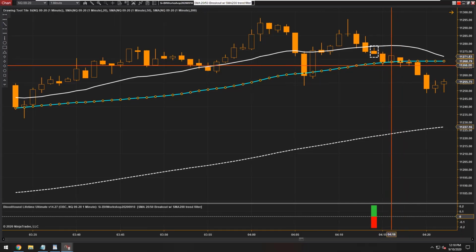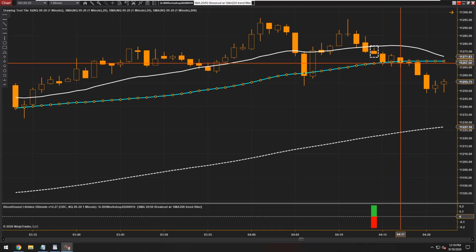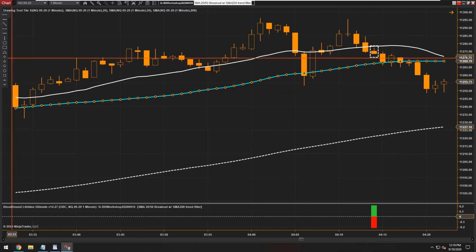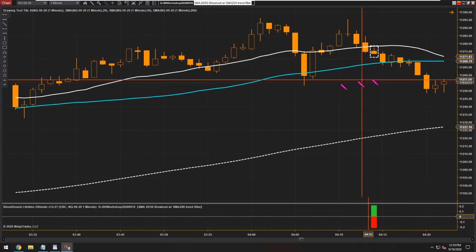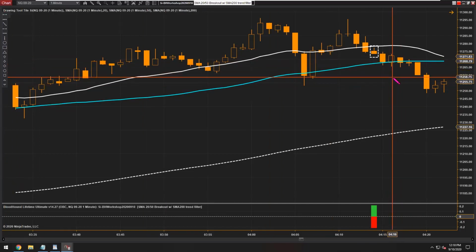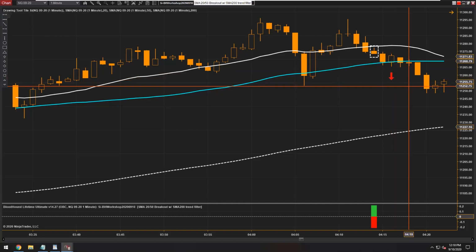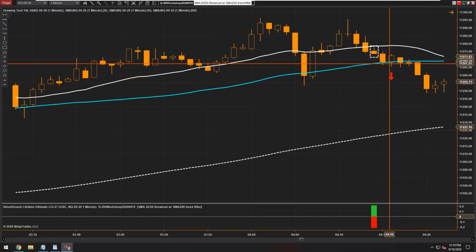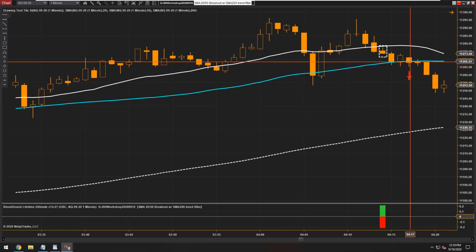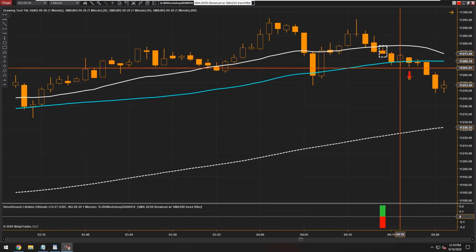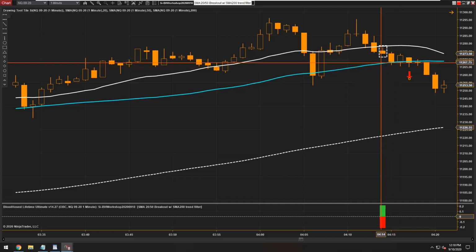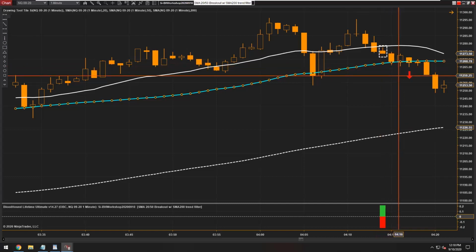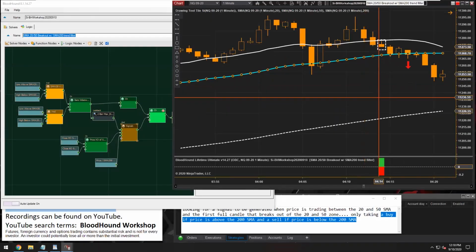At least two bars touching before the crossover or the breakout, however you want to say it. This bar is the breakout bar that crosses the SMA 50. This is the bar that finally crosses over. So we have two bars in between that are touching the SMA 50. So that's our problem.